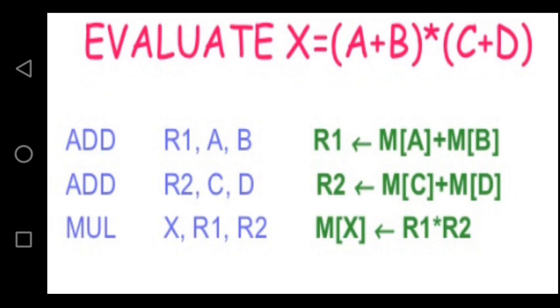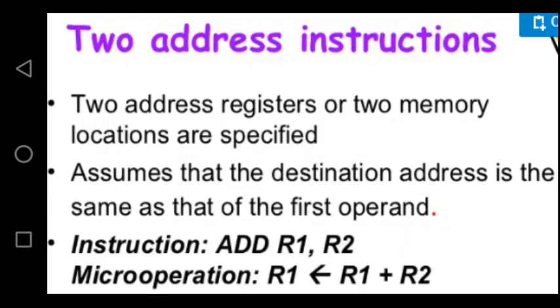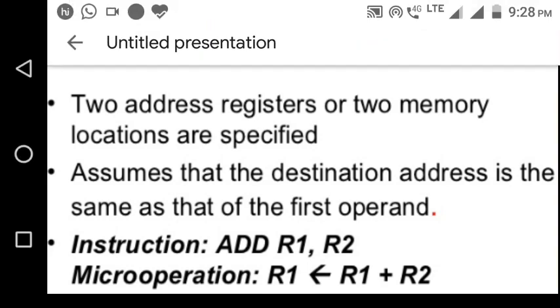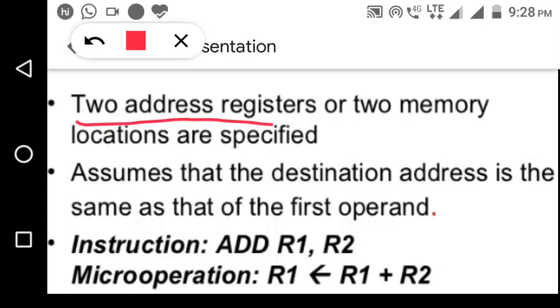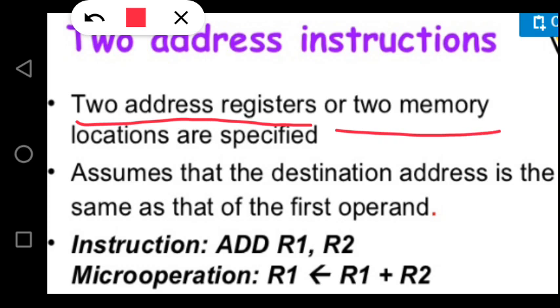Next, we will see the two address instruction. So what is a two address instruction? Now we can imagine that two addresses, registers or memory locations are specified.